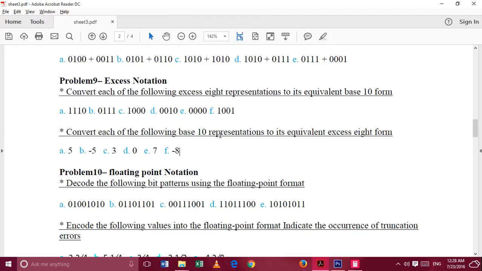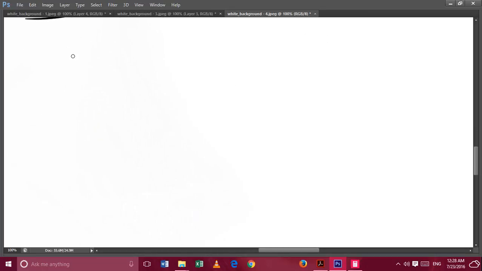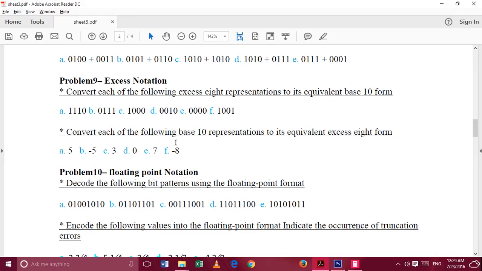I'm trying to give you a rule or formula that you can use to figure out the number of digits for whatever excess you have. The number of bits in any excess system, n, equals log base 2 of the excess, plus 1. So since this is excess 8, it will be log base 2 of 8 plus 1, which equals 3 plus 1, which equals 4 digits. So now we know that here we need 4 digits.